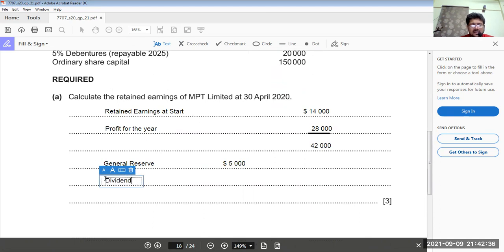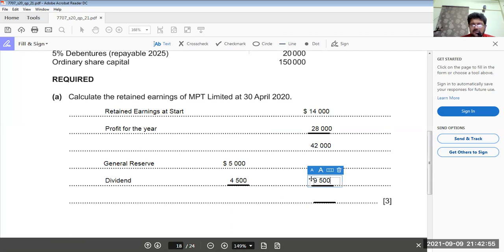Total deductions from retained earnings is 9,500.